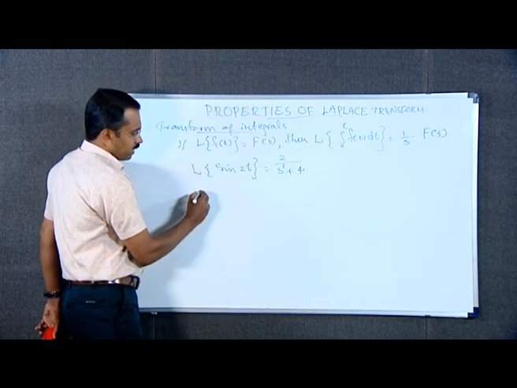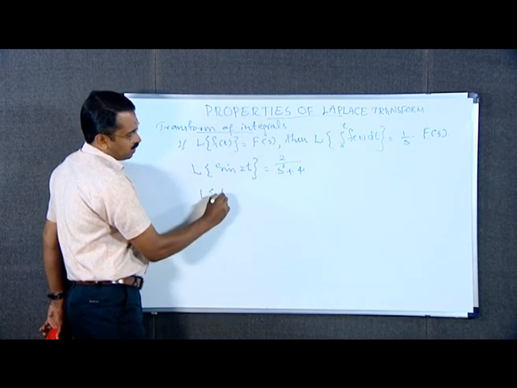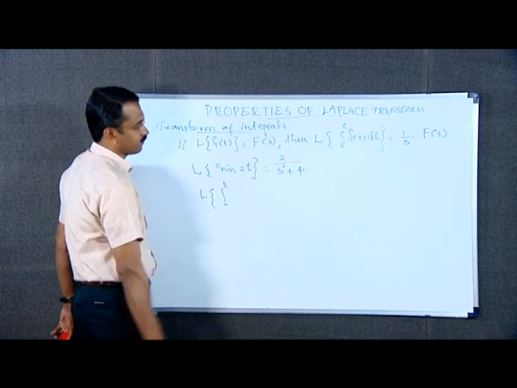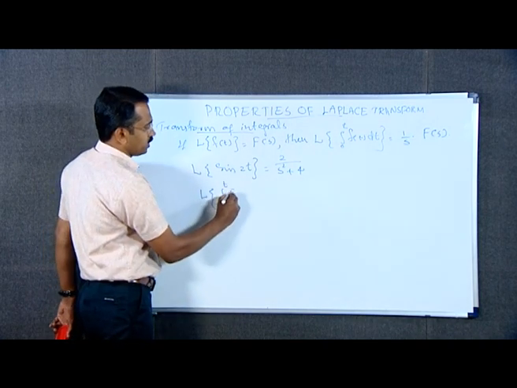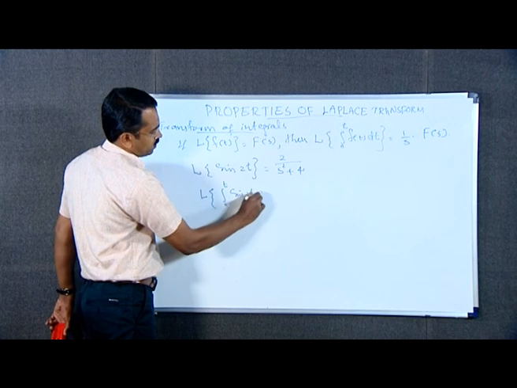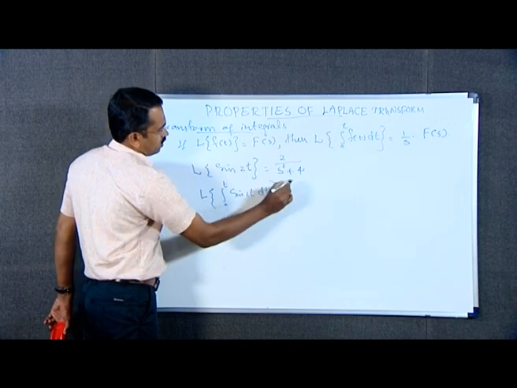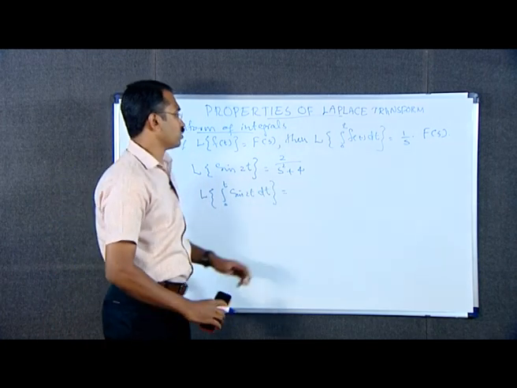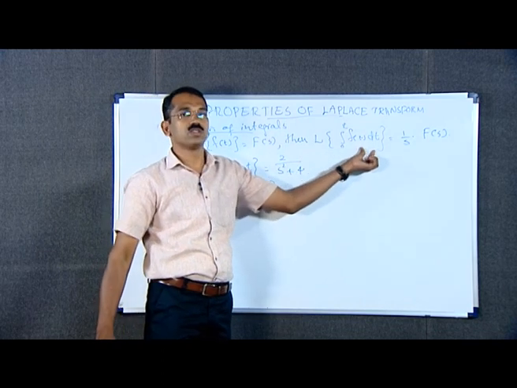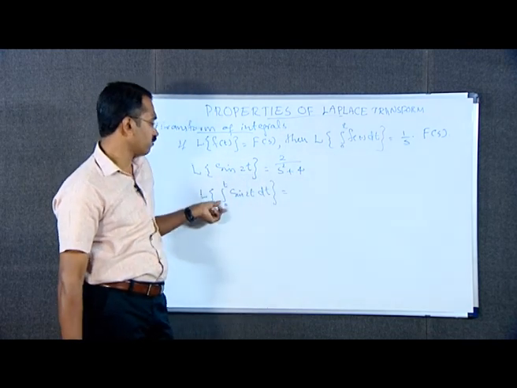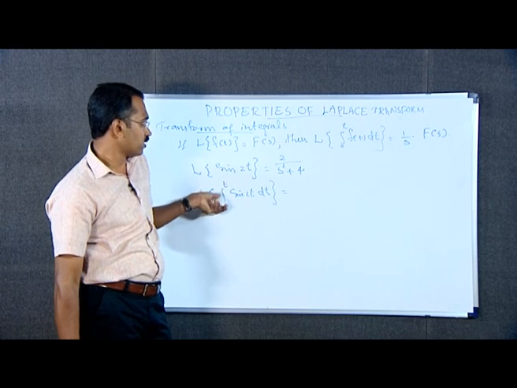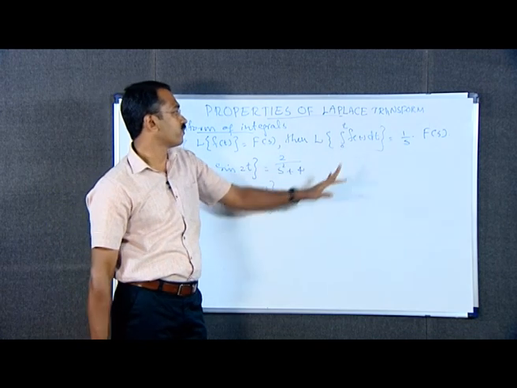Then the Laplace transform of the integral from 0 to t of sine 2t dt is, we have to use this property because the limits of integration are 0 and t.